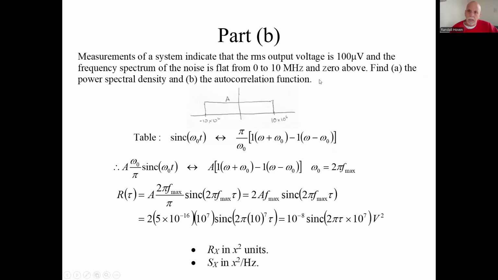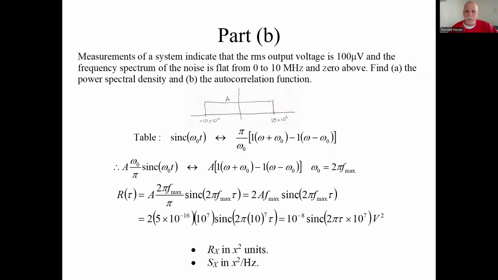For part B, we've got to take an inverse Fourier transform, so we're going to need a table. In the frequency domain, it's a pulse. This is the frequency domain.